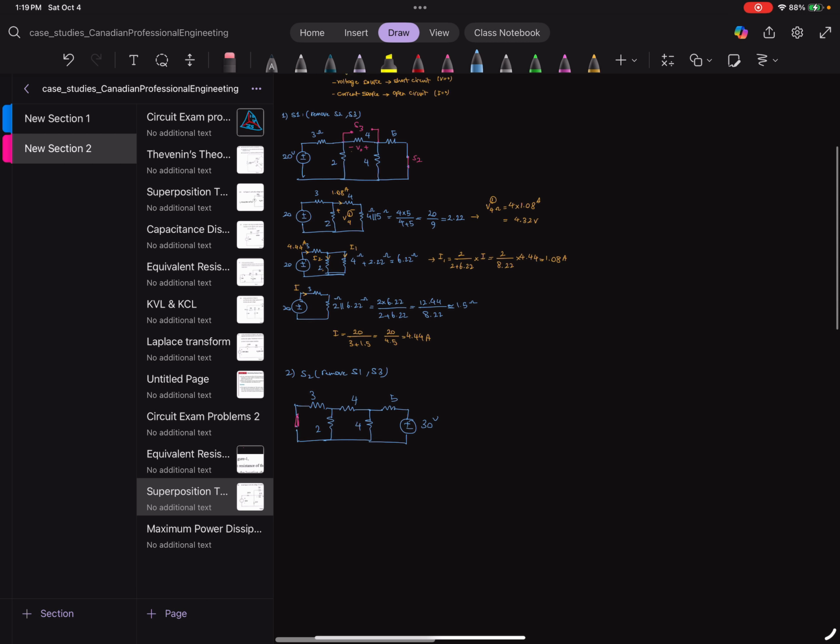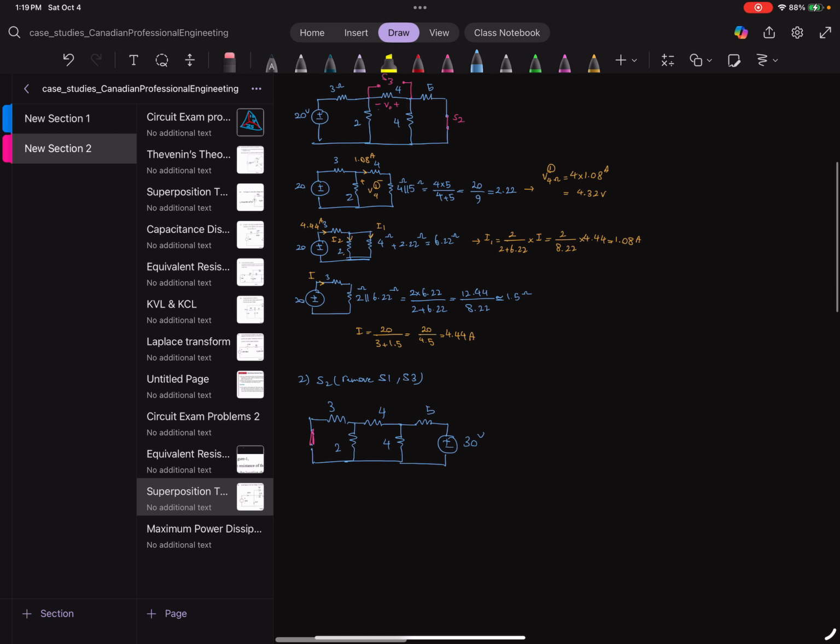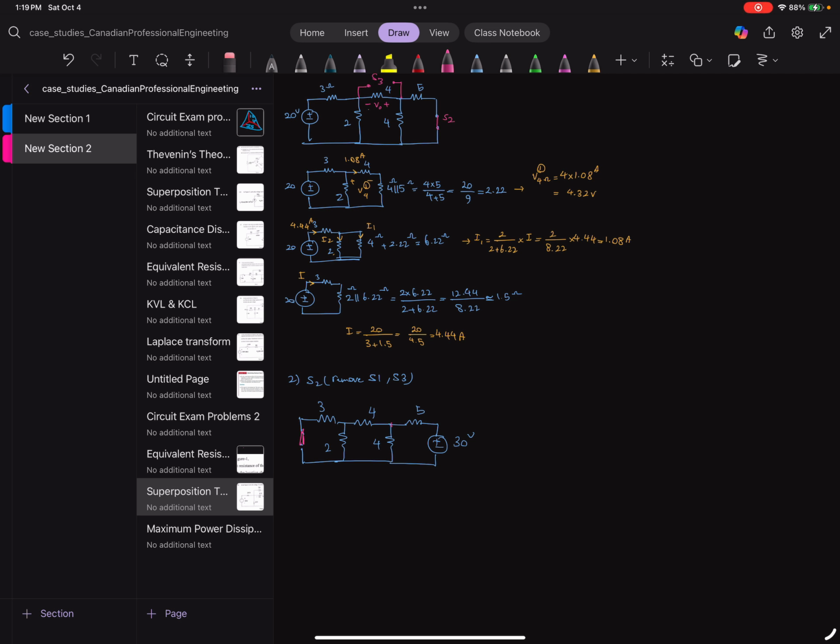This is very similar to the previous one. This is again our S3, this is our S1. So we need to do the same thing here. Again, we draw it.